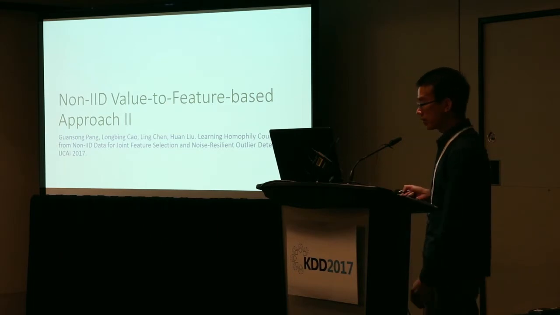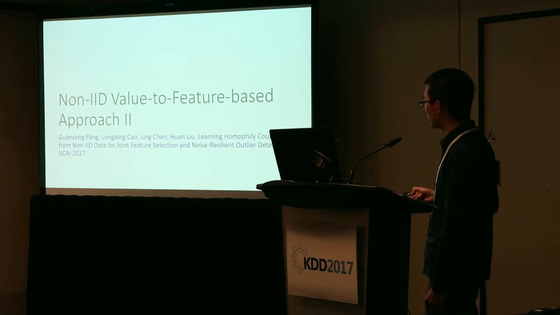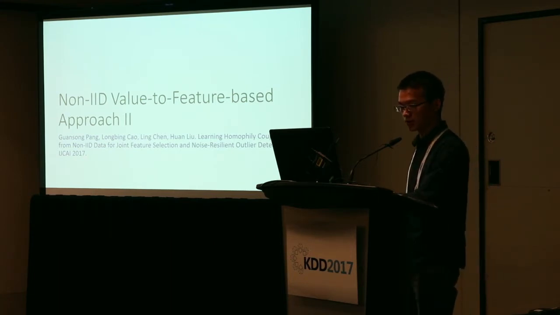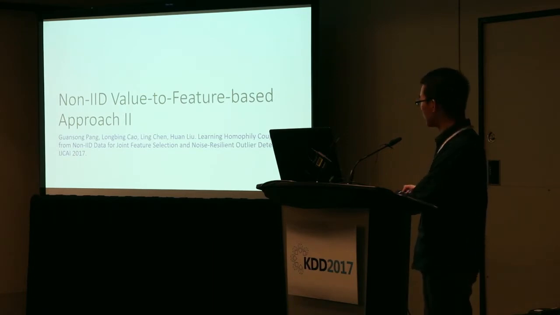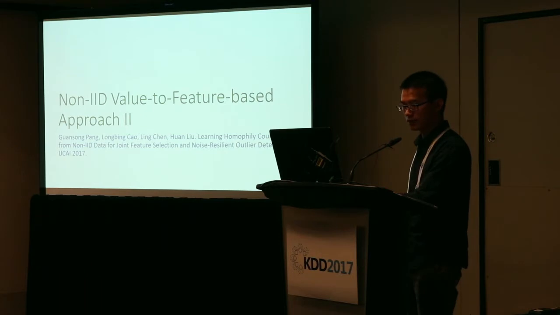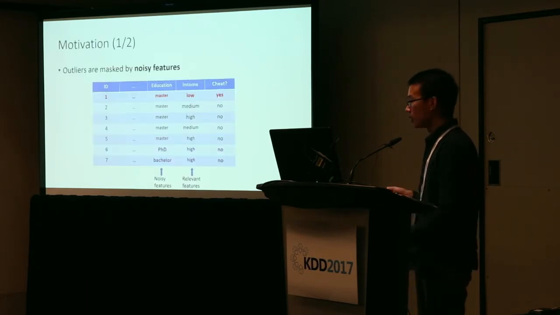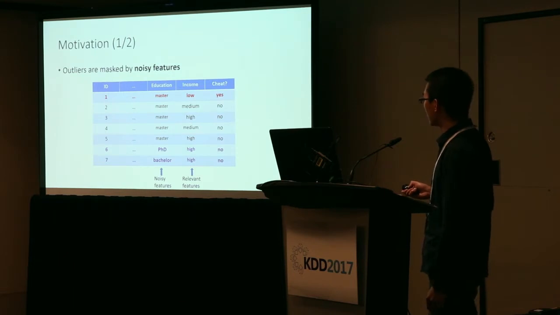Next, we introduce our recent work, which will be presented at ICDE in a few days. It is dealing with noise features, but in a very different way. This is an example I made for fraud detection.